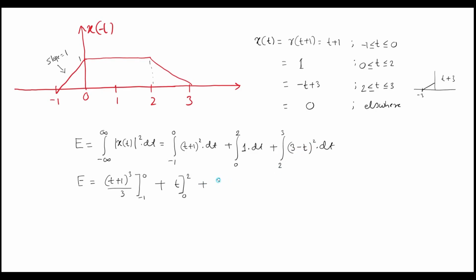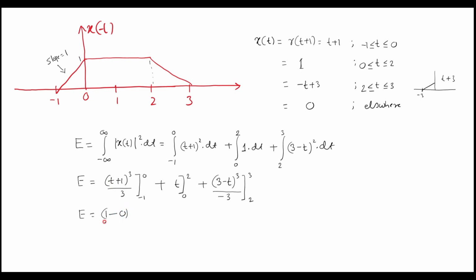The integration of this is 3 minus t cube divided by minus 3. Its values are 2 to 3. We'll simplify this further. E is equal to, if we substitute t equal to 0, it will be 1 cube by 3, that is 1 by 3. Then by substituting t equal to minus 1, it will be 0.